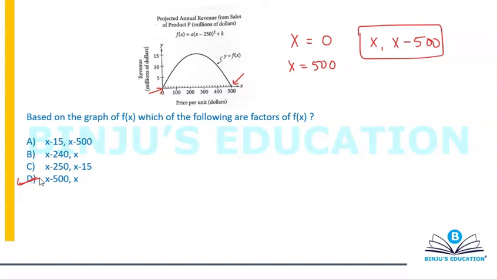Yes, around 240, 250. Because if you see the graph, this is the maximum revenue we can have at some point here. I simply have to draw a vertical line. So it is coming out to be somewhere around 240 or 250.